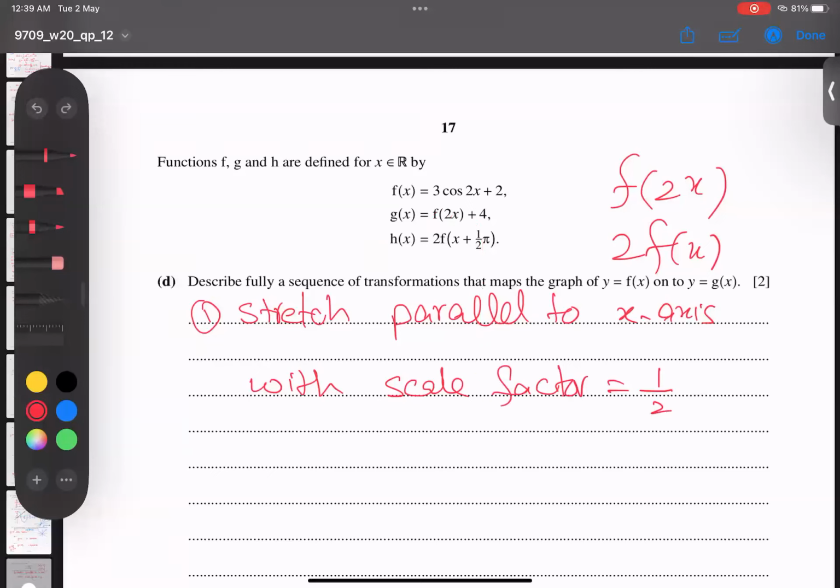Okay, I hope it is clear. And what is this outside? It is called translation, translation vertically, or say translation by column vector (0, 4).